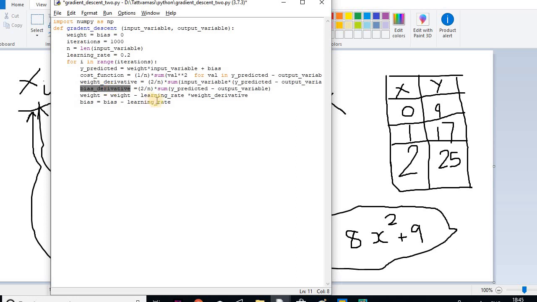So this is the logic we need to implement.